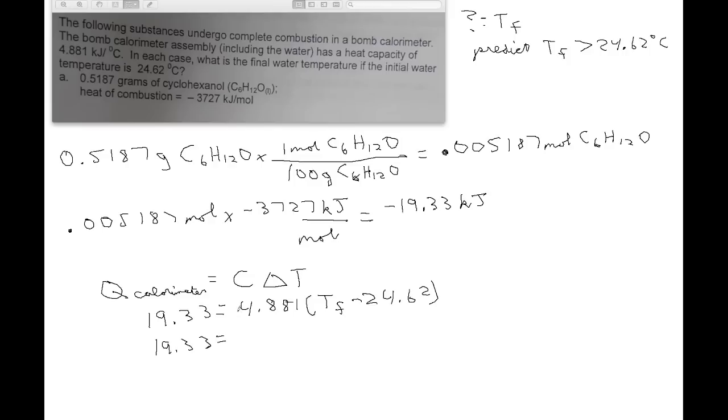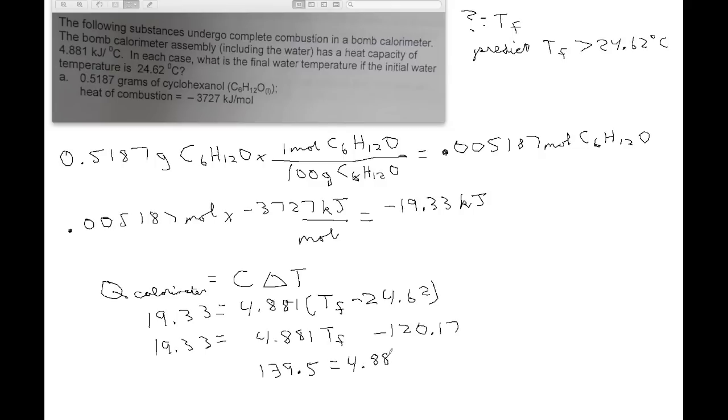Minus 120. So add 120 to both sides. And that'll give us 139 is equal to 4.881 TF.